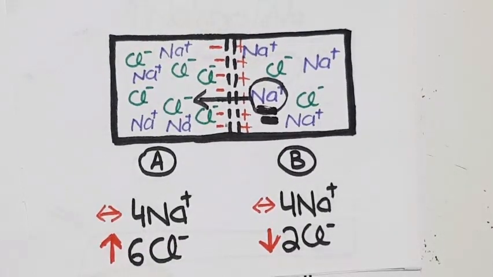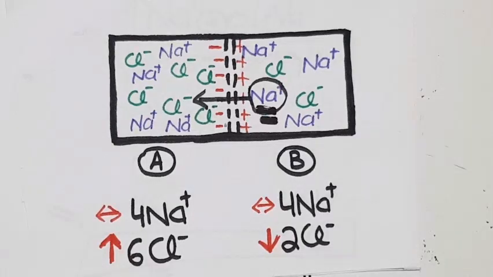And when diffusion of these sodium ions from B to A continues for some time and enough sodium ions have diffused, a concentration difference is created.